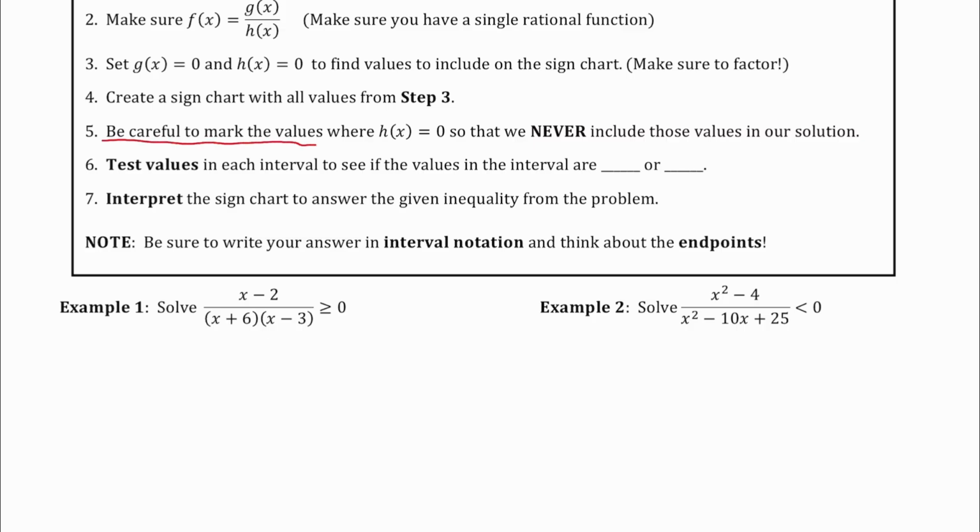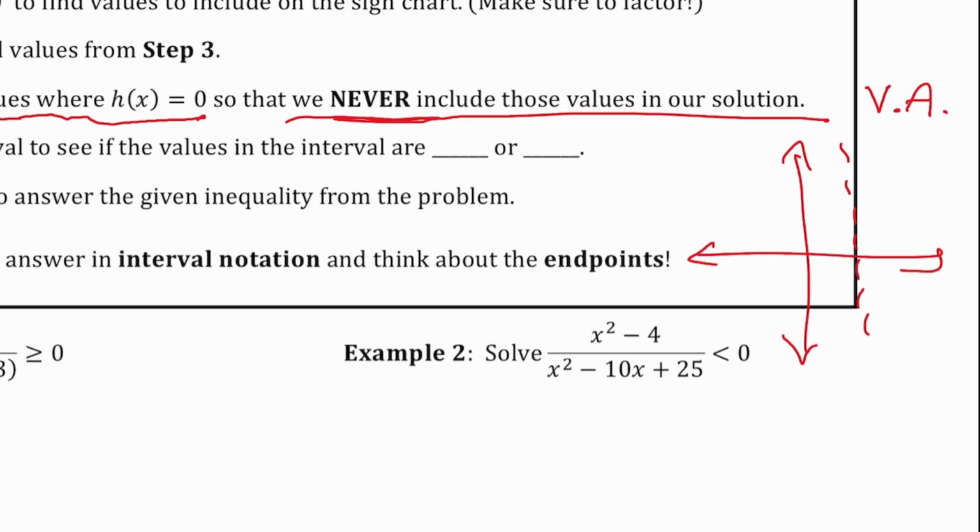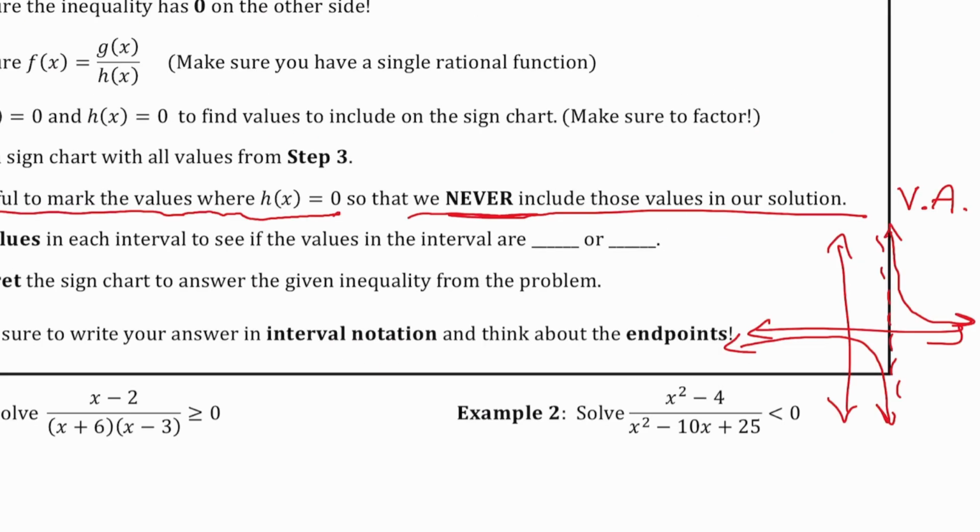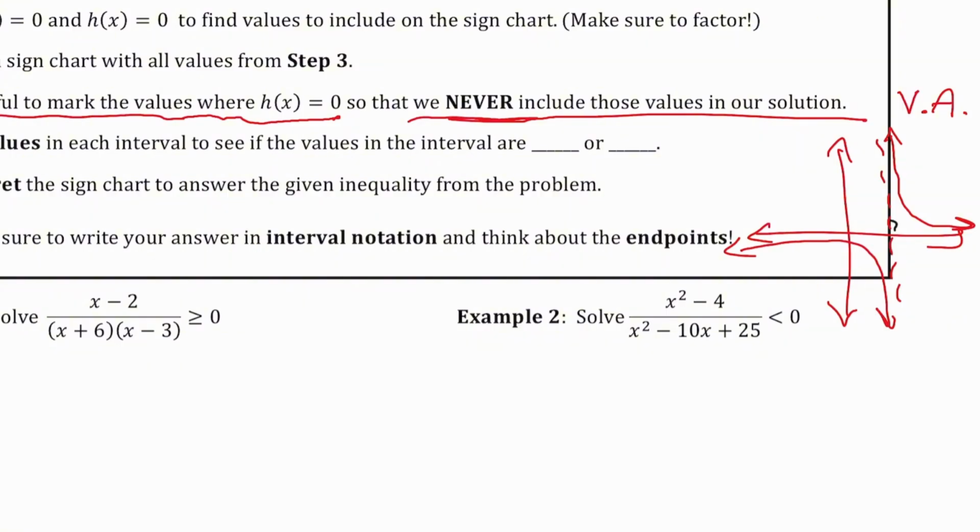Number 5 is telling us to be careful to mark the values where h of x is undefined, so we never include those values in our solution. That's basically telling us the vertical asymptotes. If you're thinking of it in the graph, say the vertical asymptote is here, an equation like that, and we're thinking about the intervals greater than 0, up here it's never going to touch this vertical asymptote.